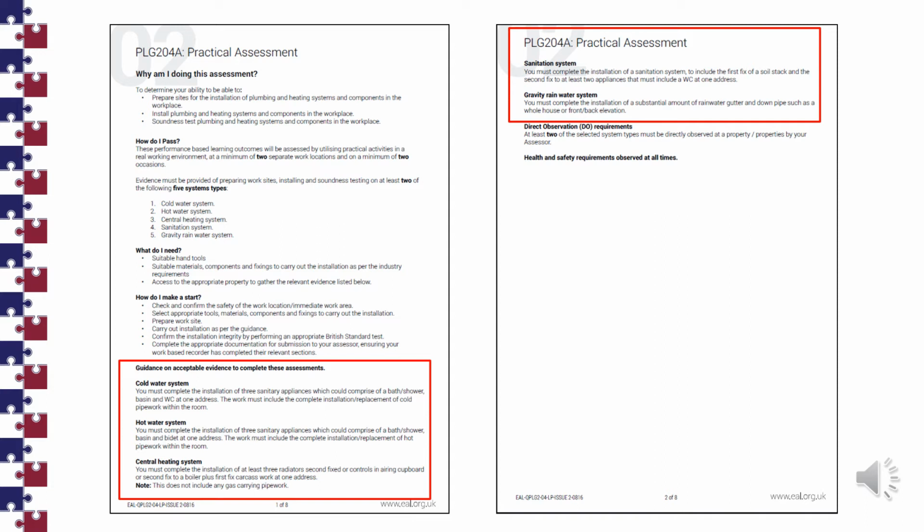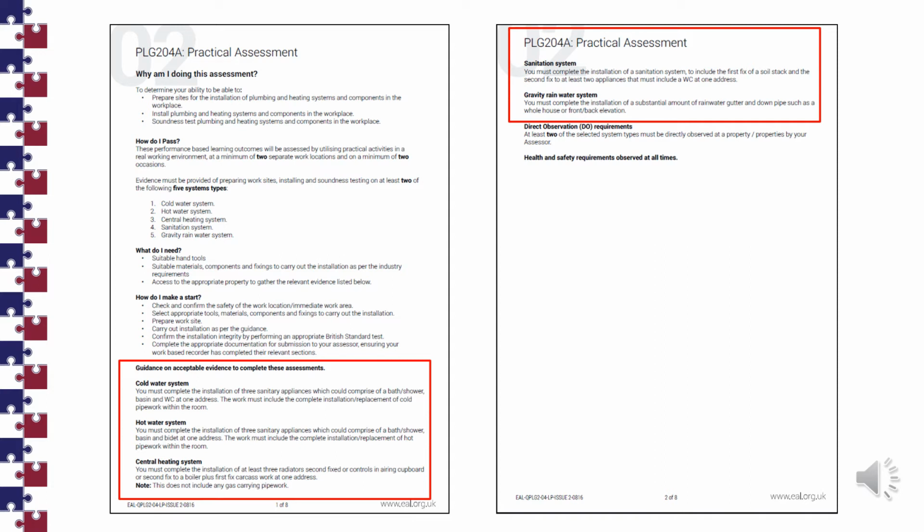On a central heating system, the installation of at least 3 radiators, second fix of controls in the airing cupboard, or a second fix to a boiler, first fix carcass. This must be at 1 address.